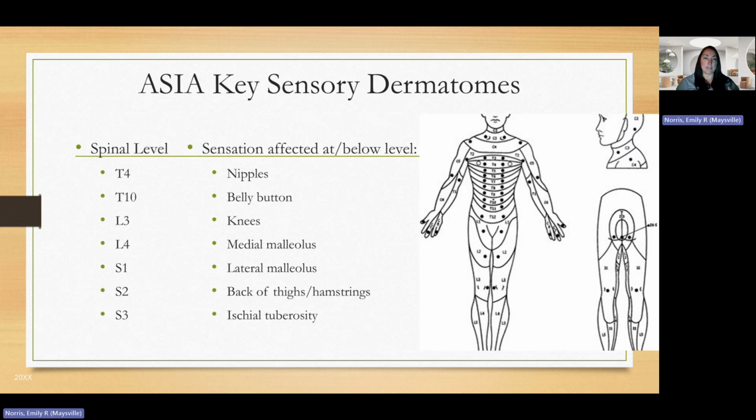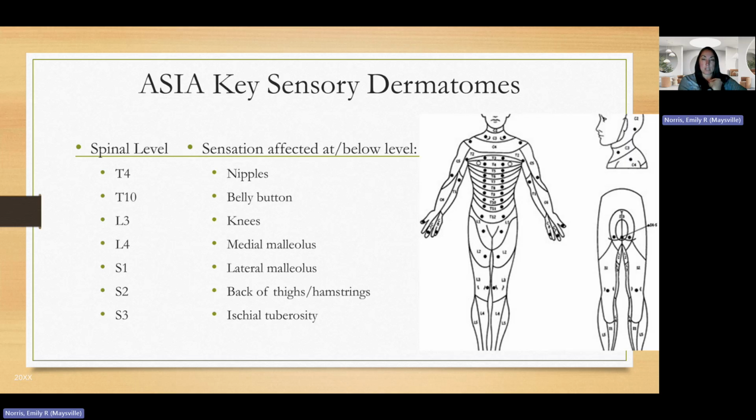If you rub a dermatome area, depending on where you're rubbing, it tells you what nerve roots are responsible for the sensory information coming from that area. And that helps you understand and diagnose.